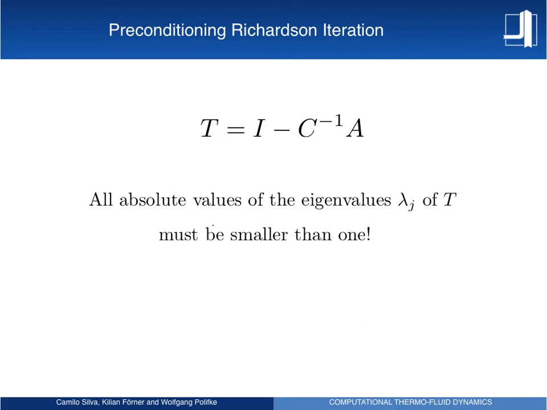So what you have to do, when you create and define your preconditioning matrix, which is this C, is compute T and compute the eigenvalues. In other words, this is also the spectral radius, and you see that the absolute value of the maximum eigenvalue is smaller than 1.